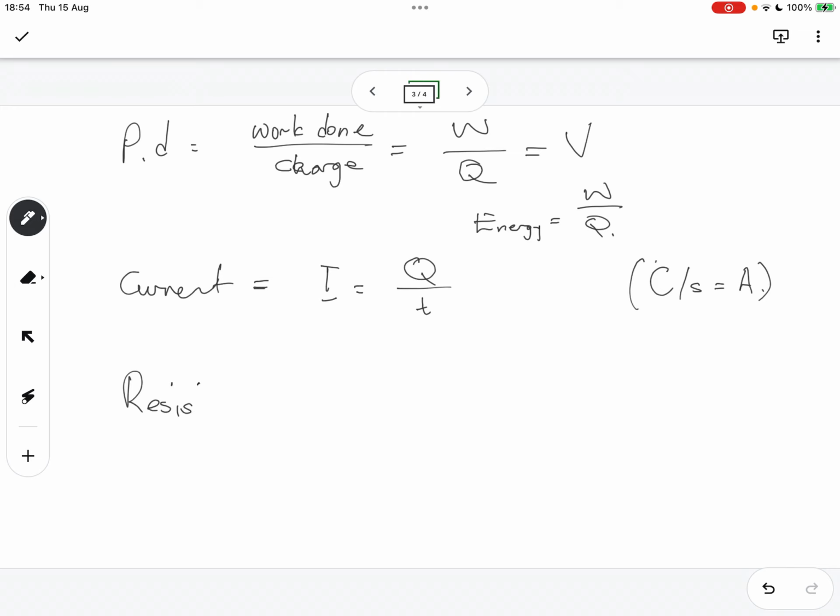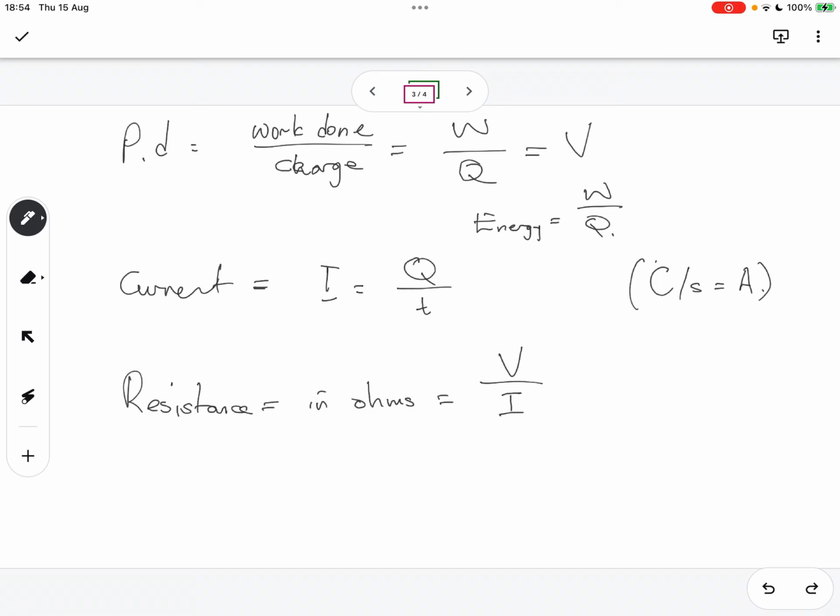And then we also have resistance, which is in ohms, and it is simply the voltage divided by current, and it's measured in ohms.